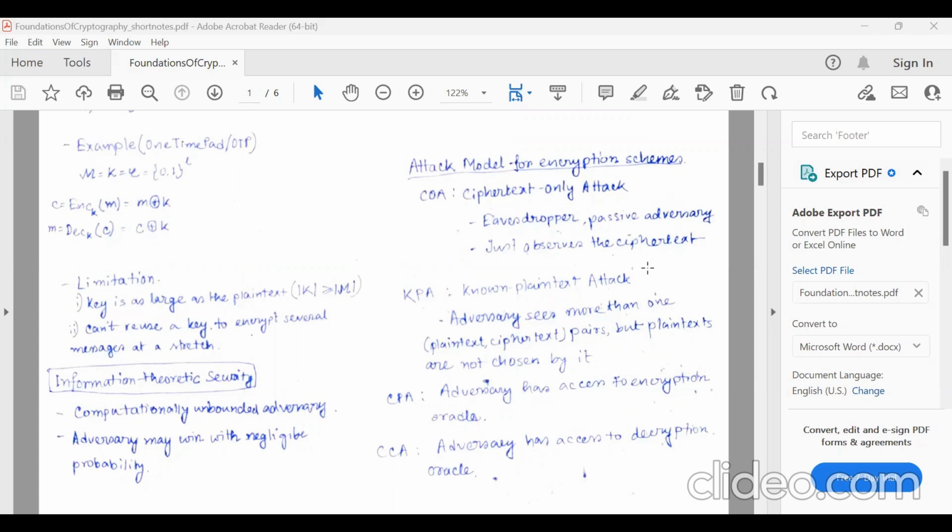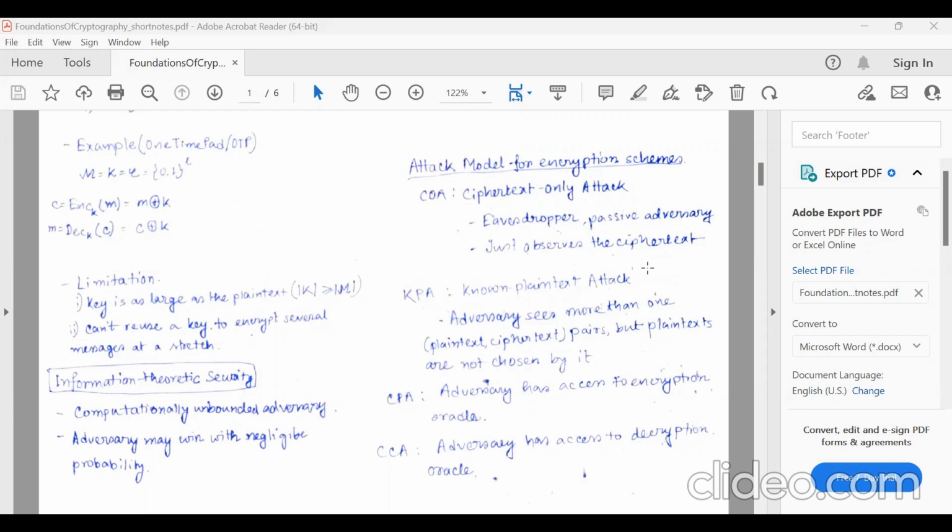It just silently observes and tries to gain some information about the underlying plain text. Okay, that is the scenario in ciphertext only attack. And there is also the concept of known plain text attack. Here, the adversary sees more than one plain text ciphertext pair. However, the plain texts are not chosen by the adversary. So it just randomly could find some message ciphertext pair.